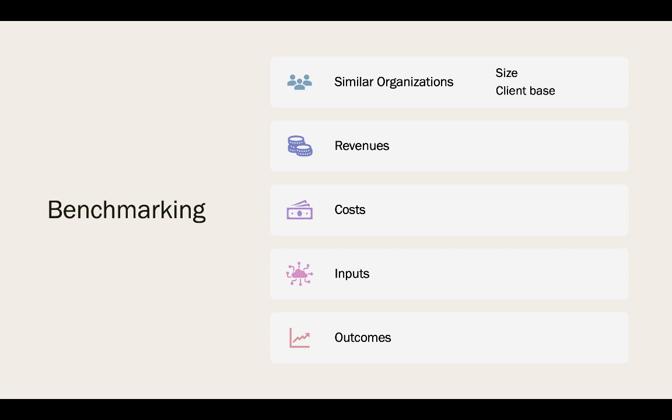With these other organizations that we're going to find, what are their revenues versus ours? What are their costs versus ours? What type of inputs are they paying for? So employees, vehicles, stations, supplies. What type of inputs are we feeding into the organization? And then what type of outcomes are we getting? A pretty common outcome for EMS is response times.